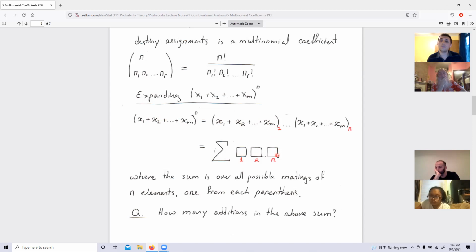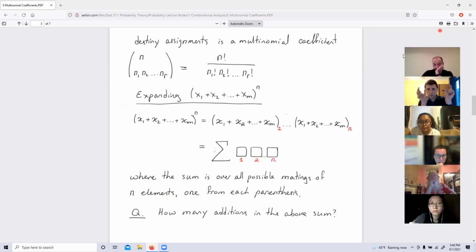Good? So first question is, how many additions are in the above sum without simplification? If I do not simplify anything, but I just combine each term from each parenthesis and add, how many summands do I have?